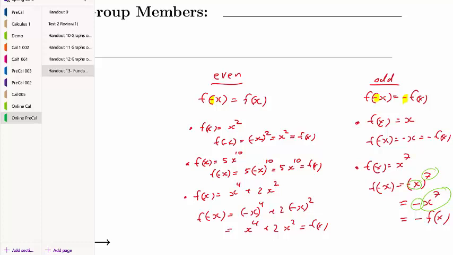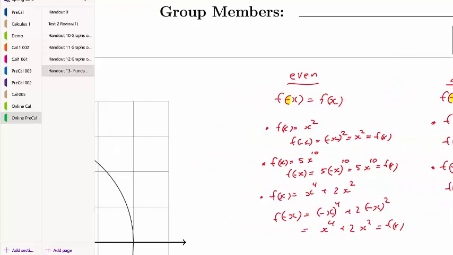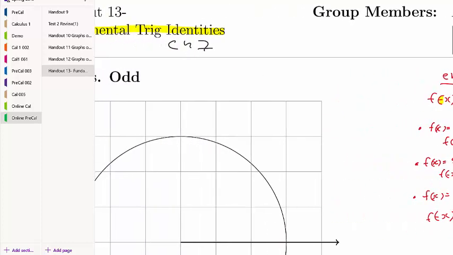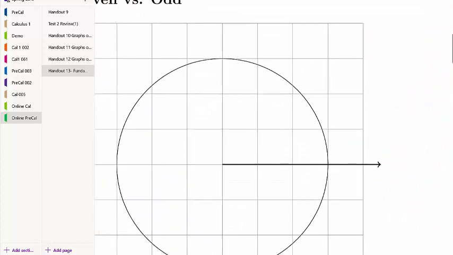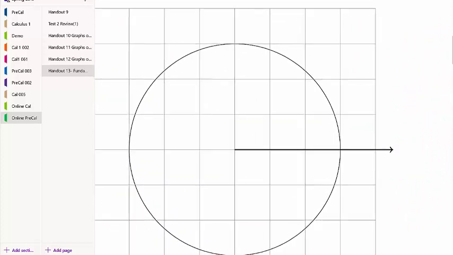So note that in this case, whether you do it one way or the other, they are in fact equal to each other in that very specific case. Now functions can be even or odd, or they can be neither. They don't have to be even or odd. But very special things happen when the function is either even or odd.